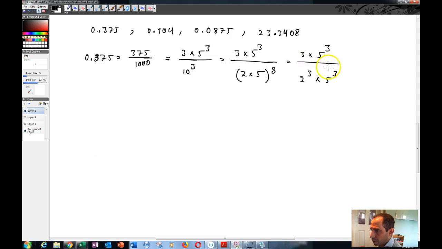Okay, so that's basically your number. Now 5 cubed and 5 cubed you can cancel out, and you will be left with 3 over 2 cubed. Okay. So that's basically your first number, 0.375.